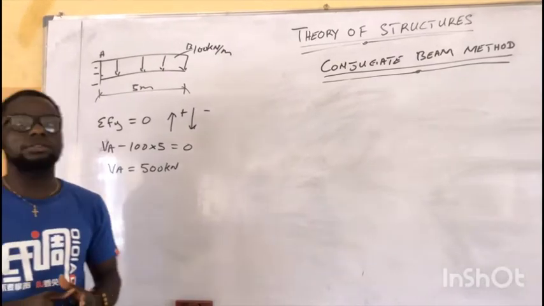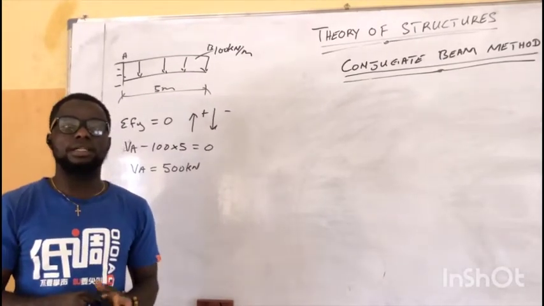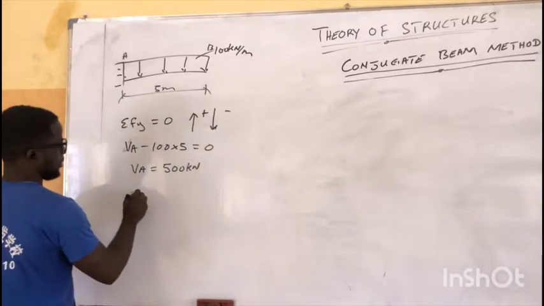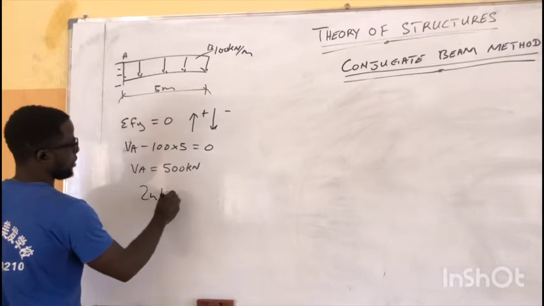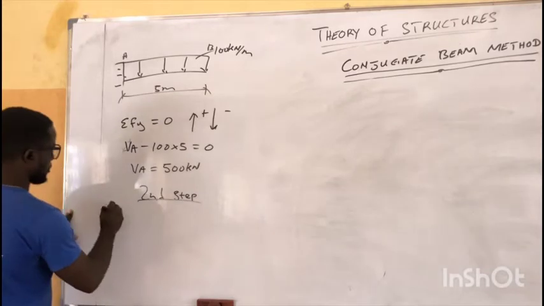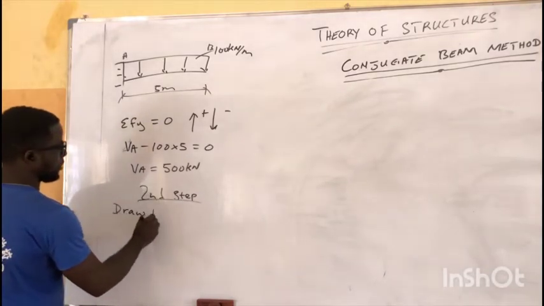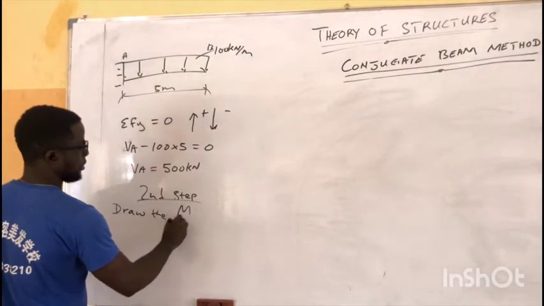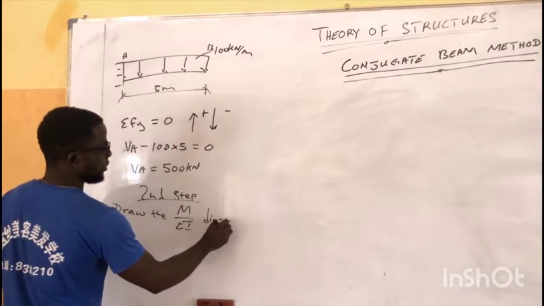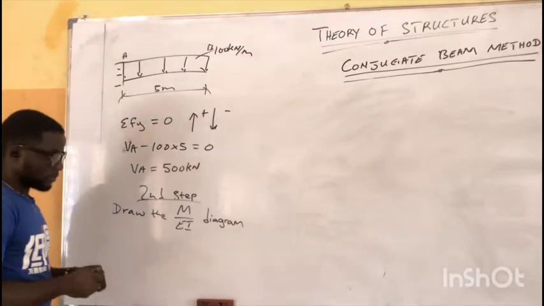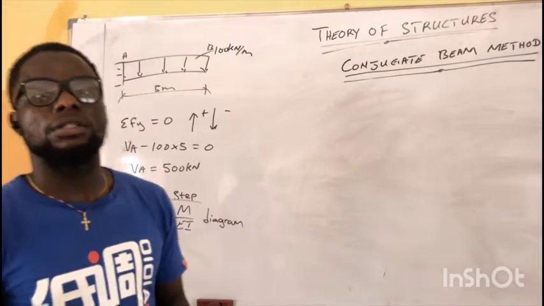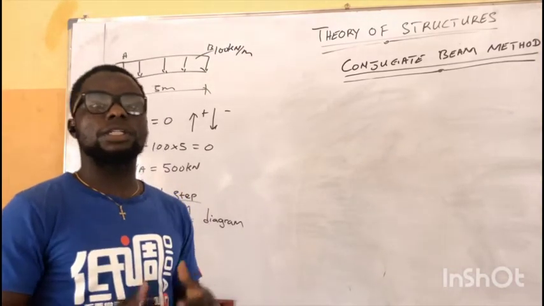The second step is to draw the M over EI diagram. To draw the M over EI diagram, you have to calculate within yourself.